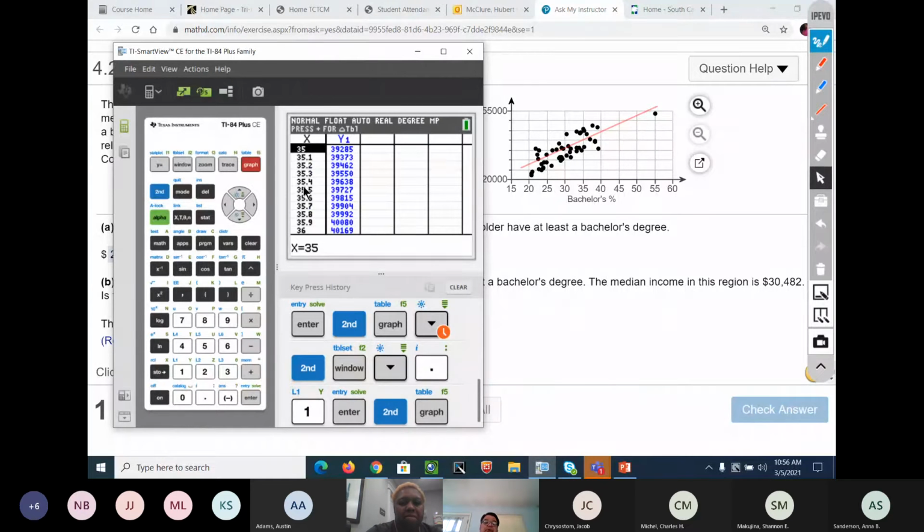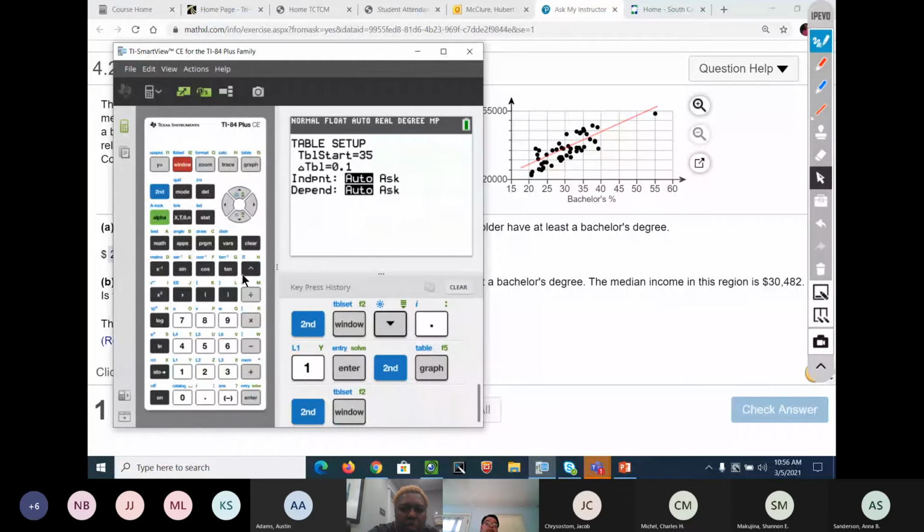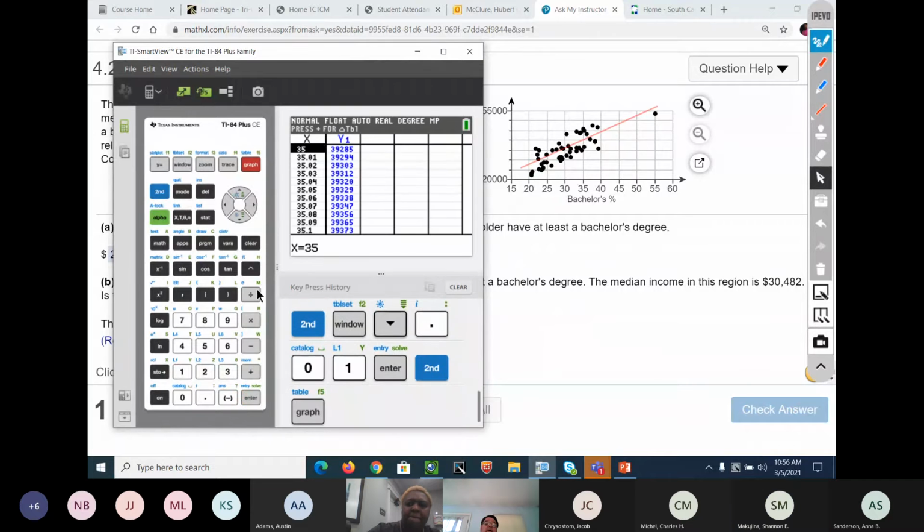What if I want to go to the 100th, Hubert? It's second table set and put 0.01. And you don't want to do that, but go ahead and look at it. There you go. And so on.